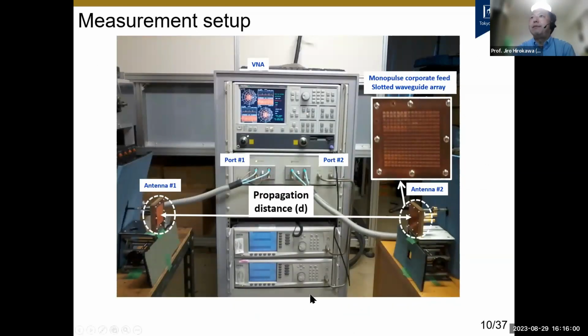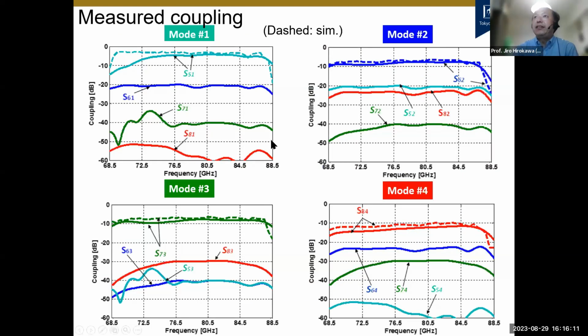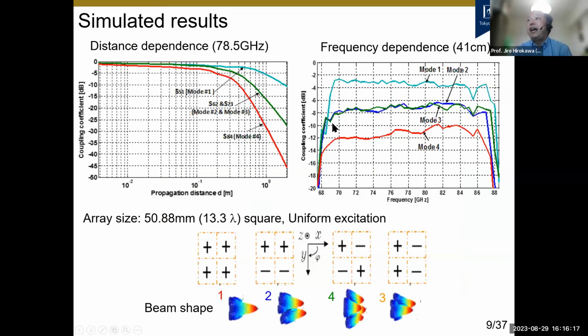And we have the measurements of the transmission as shown in this picture. The right figure shows the frequency dependence of the transmission coefficients for the distance of 41 centimeters for the 60 by 60 element array at 78.5 gigahertz.